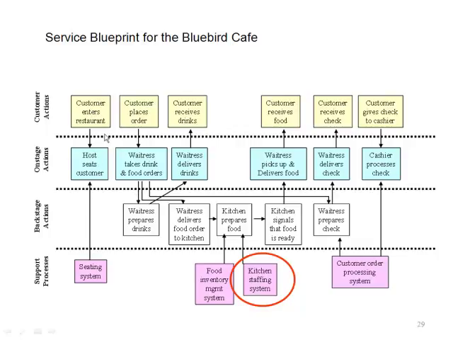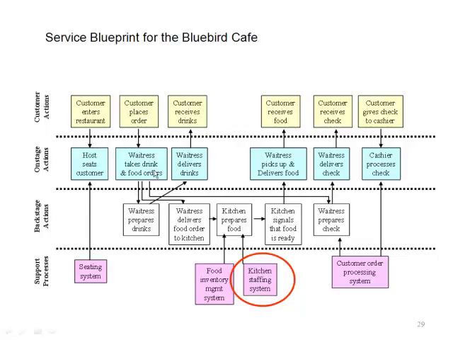So I start thinking about these sets of activities here and how I can design them in such a way to improve the customer experience or at a minimum prevent errors from occurring. So let's take this first one here. Customer enters the restaurant and host seats the customer. What kind of rules might I follow? Hey, if it's a couple, I'm not going to sit them next to a family. If it's a family, I'm going to try to sit them away from other people, especially if they have small kids who might throw food.